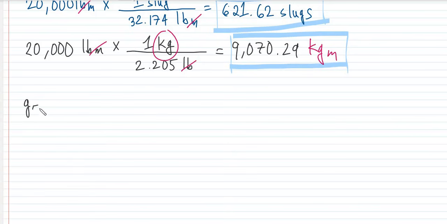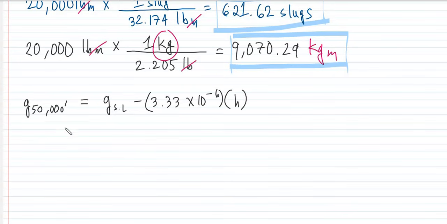Therefore, the gravitational acceleration at 50,000 feet is equal to, first we have the gravity at sea level, then we subtract the decrease per foot of gravity, which is 3.33 times 10 to the negative 6, and multiply that by the height. Okay?